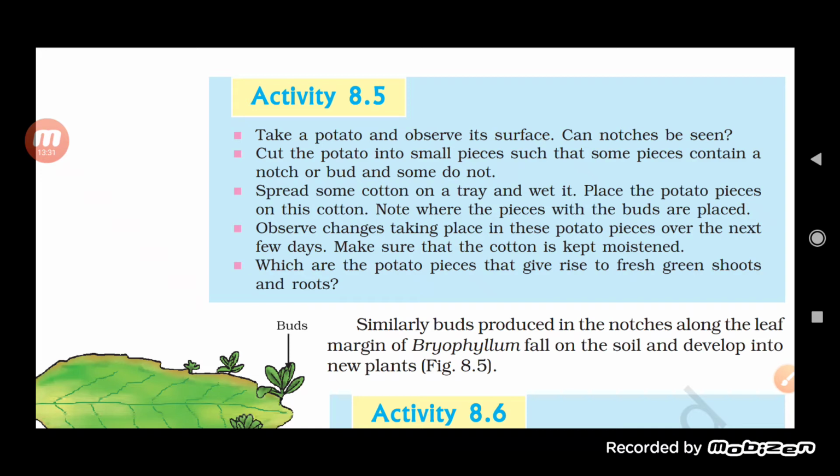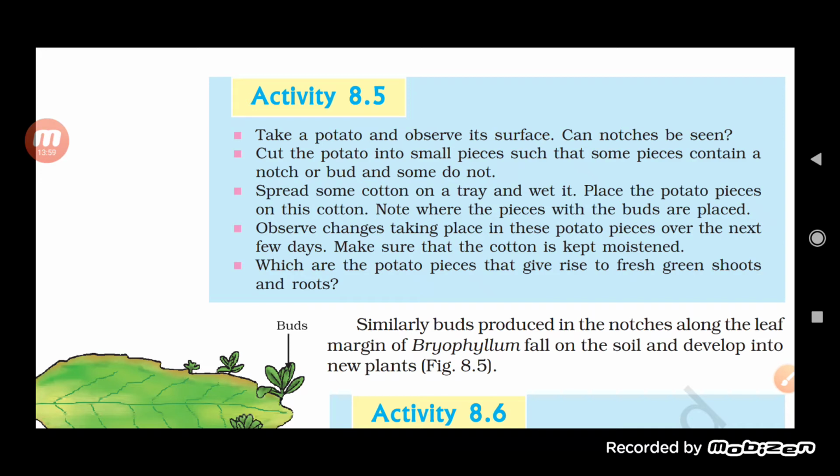Now observe changes taking place in these potato pieces over the next few days. Make sure the cotton is kept moist, and note which of the potato pieces give rise to fresh green shoots and roots. Here it is said that we will keep the pieces of potato on the cotton and see where the buds are placed.